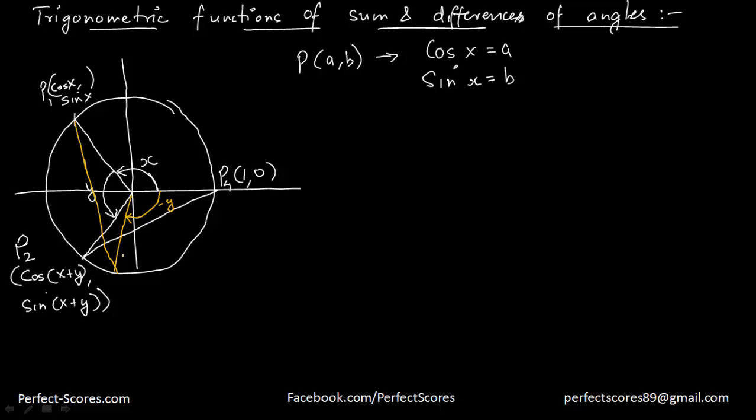Since this is negative y, I'm going to call this point P3. The x coordinate is going to be equal to the cosine of negative y, and the y coordinate is going to be equal to sine of negative y. So these are the points, and this is the setup.